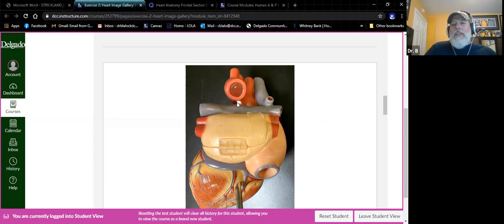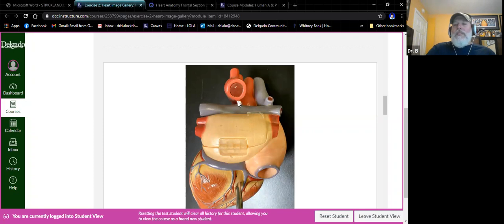What that is, is an atrophied remnant of a blood vessel. In utero there's a blood vessel that connects these pulmonary arteries right here to the aorta. Again, it's not an issue because all of the blood that's circulating through the heart and the vessels at that point, going to and from the lungs, is oxygenated. So this can be open.